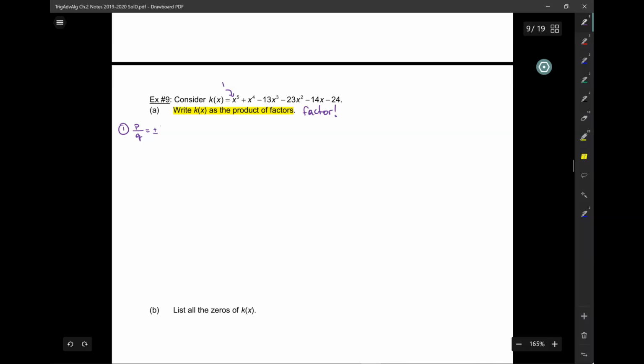So let's do plus or minus, and let's see what are factors of 24. 1 is always a factor. 2 is a factor of 24. Is 3? 4? 5? 6 is? And then look, once you get to a point where 4 times 6 is next to each other, 4 times 6 is 24.